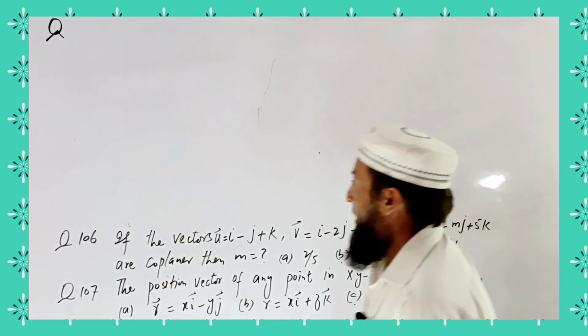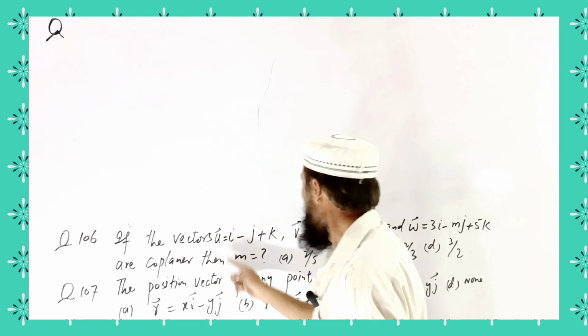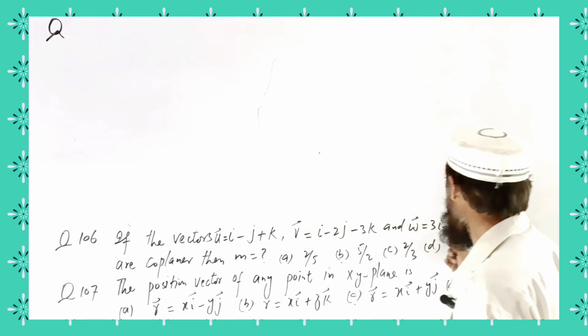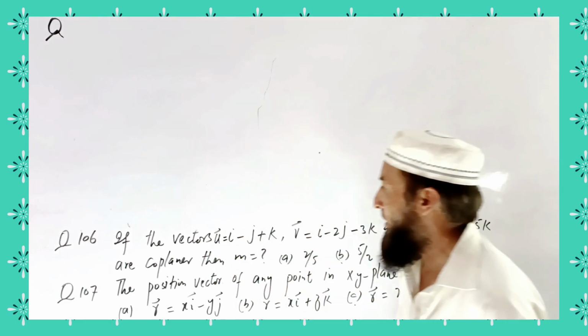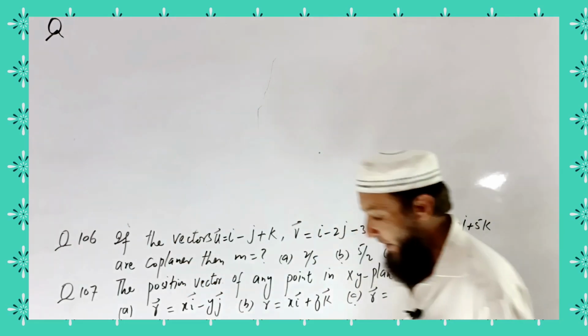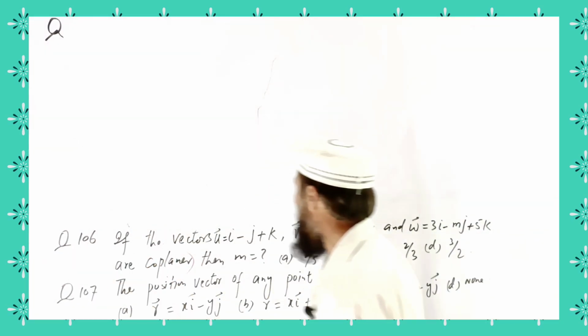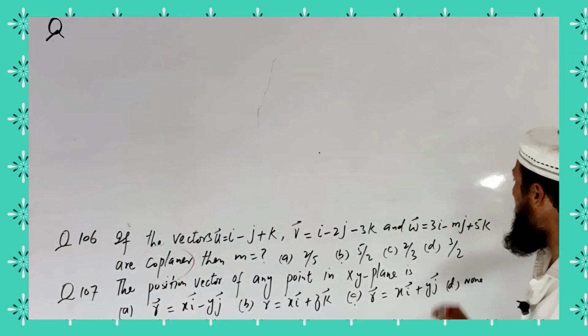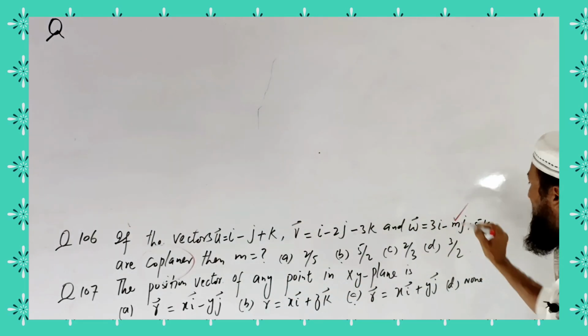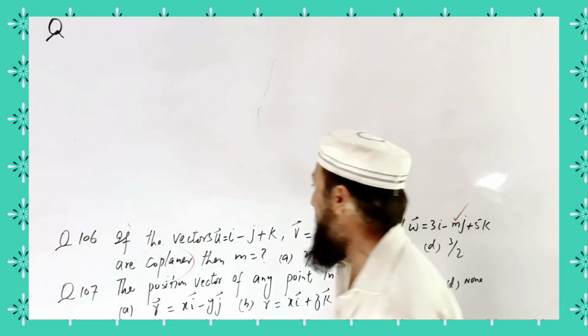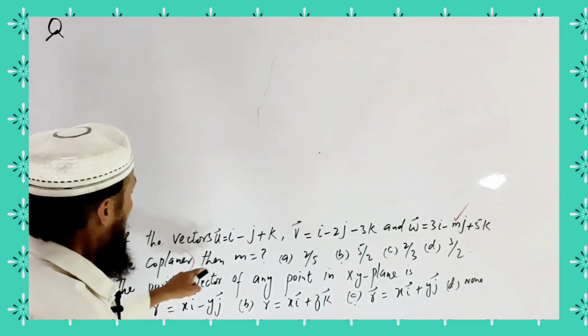Question number 106. Three vectors u, v and w are given, and it is also given that they are coplanar. According to the definition of coplanar, what is the value of m? Here m is the unknown value, and we are finding the value of m.